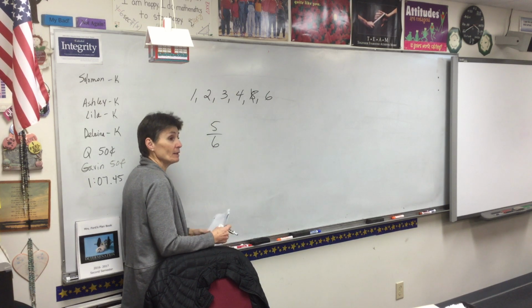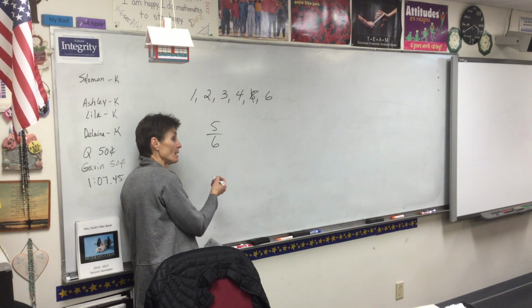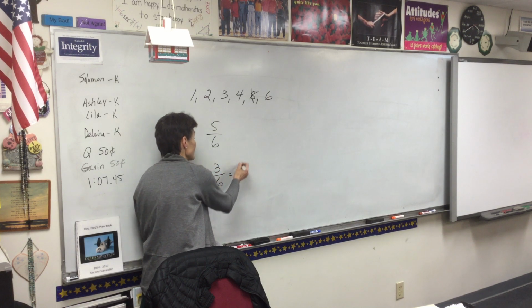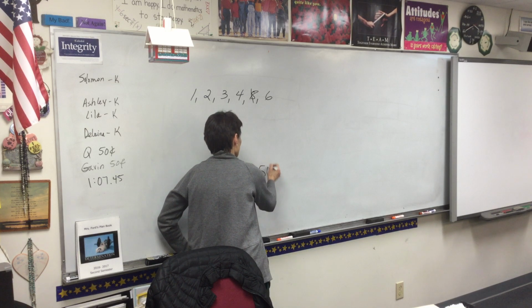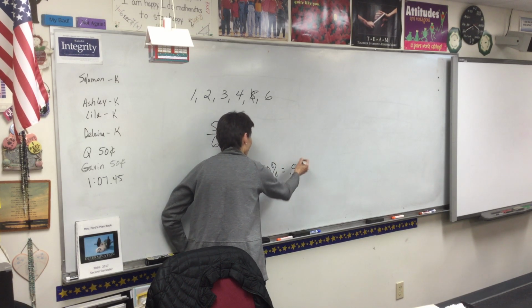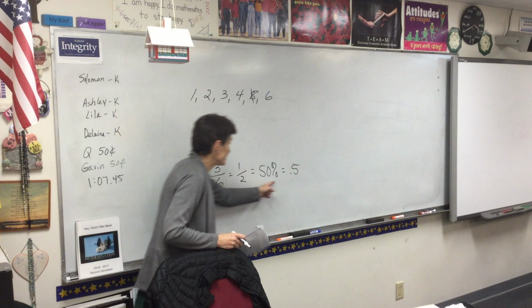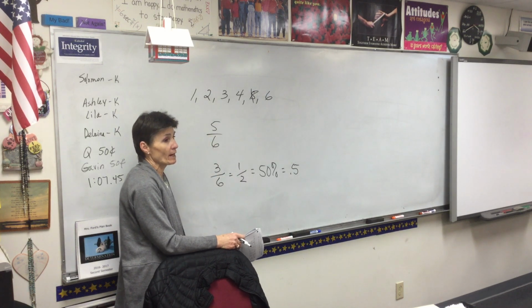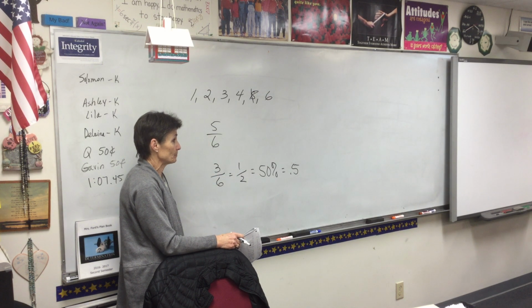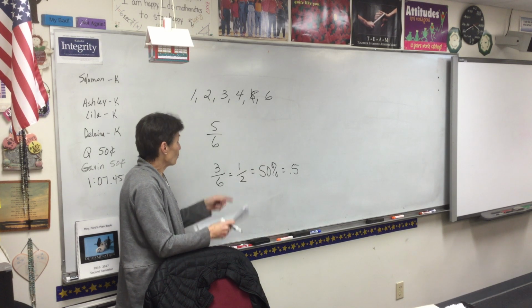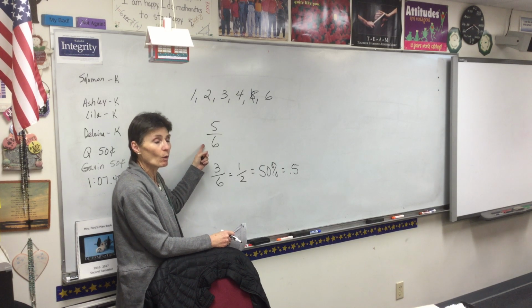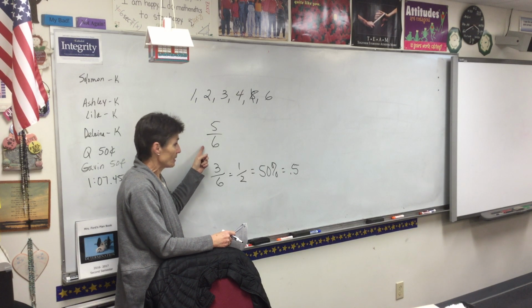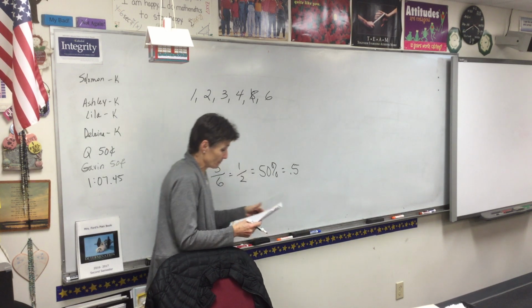So the probability of getting a prime number would be 3/6 or 1/2, or if you prefer 50% or 0.5, right? All of these are perfectly fine ways of writing a probability. Why didn't I do that with this one? I'd have to round it off, and we don't like that. If you can avoid rounding off, avoid it. But here I didn't have to do any rounding.